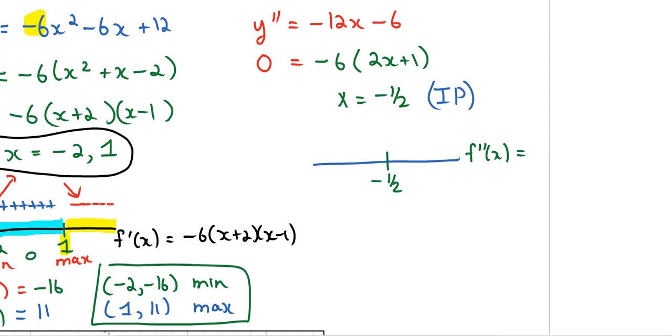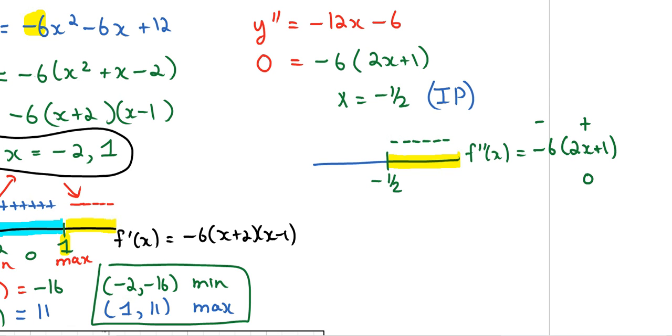Let me just use the factored form, negative 6 times 2x plus 1. If I pick a value in the yellow region, like 0, and plug it in, that factor is positive and the other is negative, so this is going to be negative.